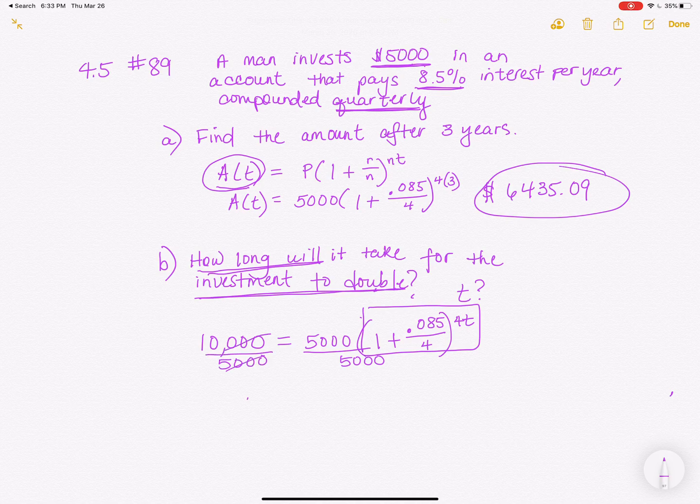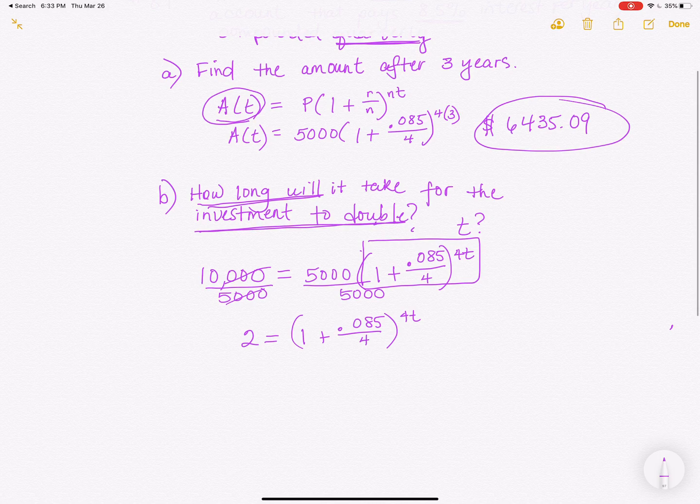All right, so I'm going to end up with 2 equals 1 plus 0.085 over 4, all raised to the 4t. Okay, and at this point, I'm going to go ahead and do the math inside there.